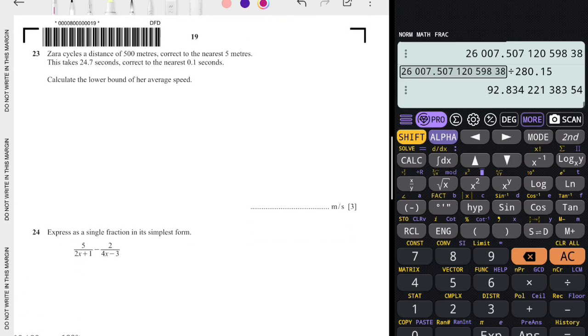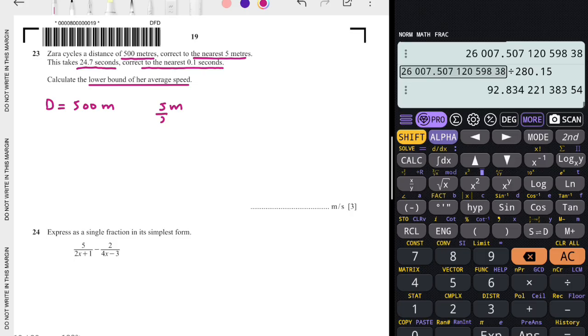Zara cycles a distance of 500 meters, correct to the nearest 5 meters. This takes 24.7 seconds, correct to the nearest 0.1 seconds. Calculate the lower bound of her average speed. First of all, we have to see the distance, that is equal to 500 meters, and its error is the nearest 5 meters.